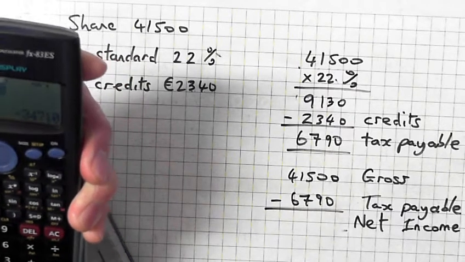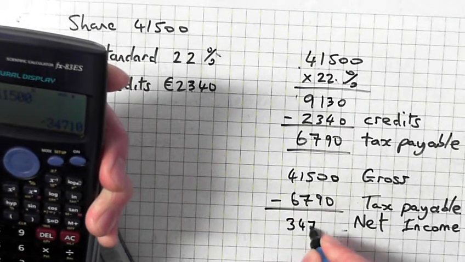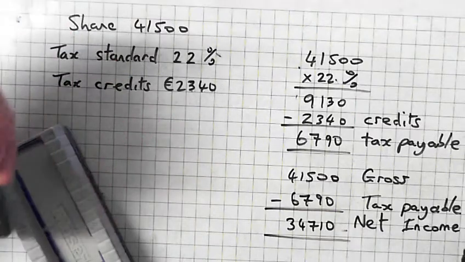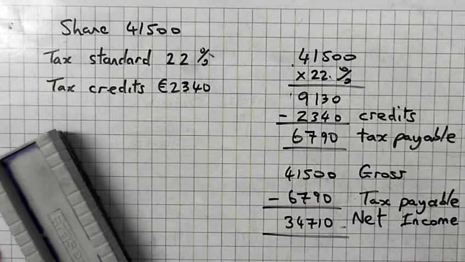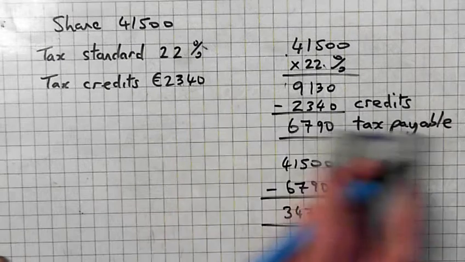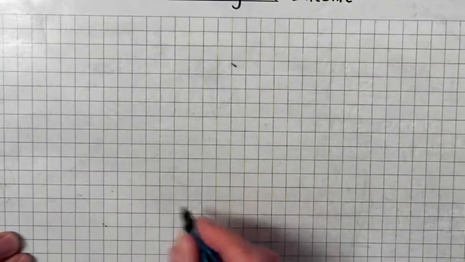It's 34,710 euro. So that's his net income. Okay? That's okay? Right. We'll move on to question 13, slightly harder.